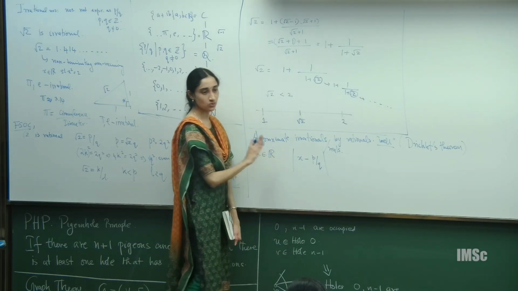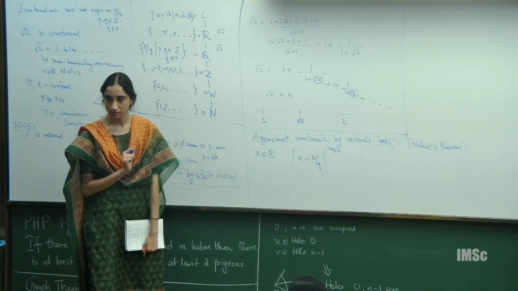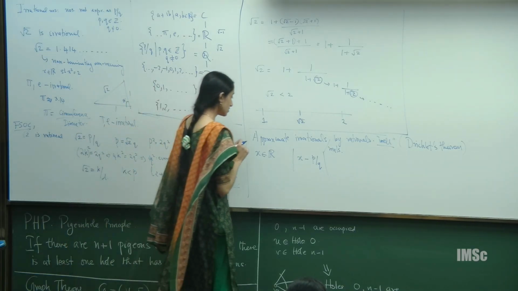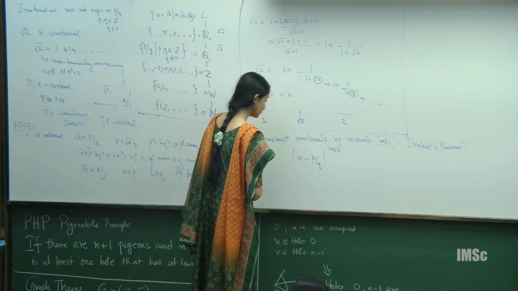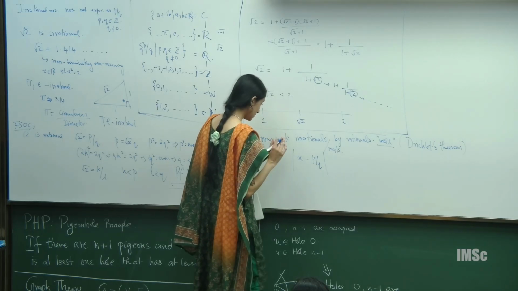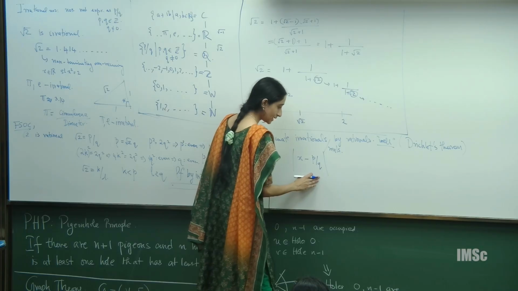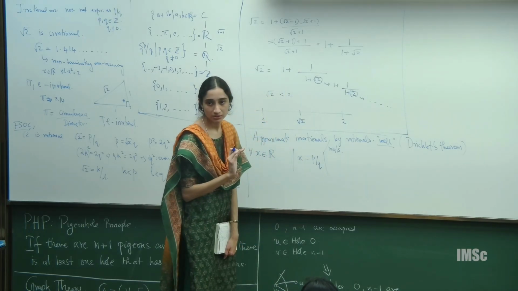Then this is what you mean by approximating x, which is irrational, by a rational. So I want to say that for every x, I want to approximate it well, meaning that I have to choose how close it is to x.